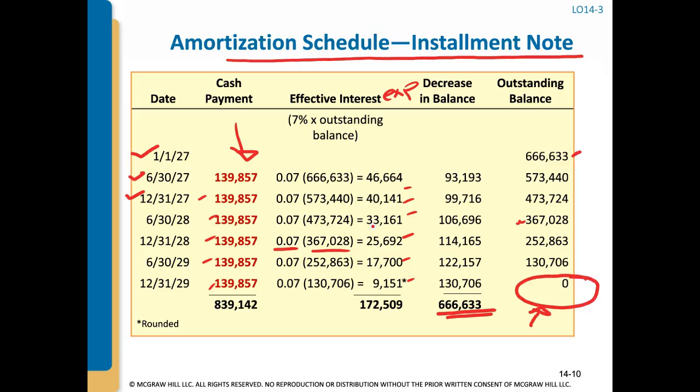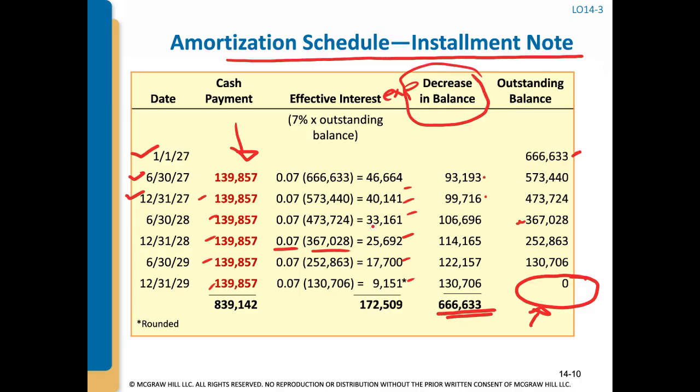This is different from when we do notes payable and bonds payable, where the outstanding balance is always the face value of that note payable or bond payable. So an installment note is where you pay off the entire amount down to 0. The other thing I want to point out is this decrease in the notes payable balance.